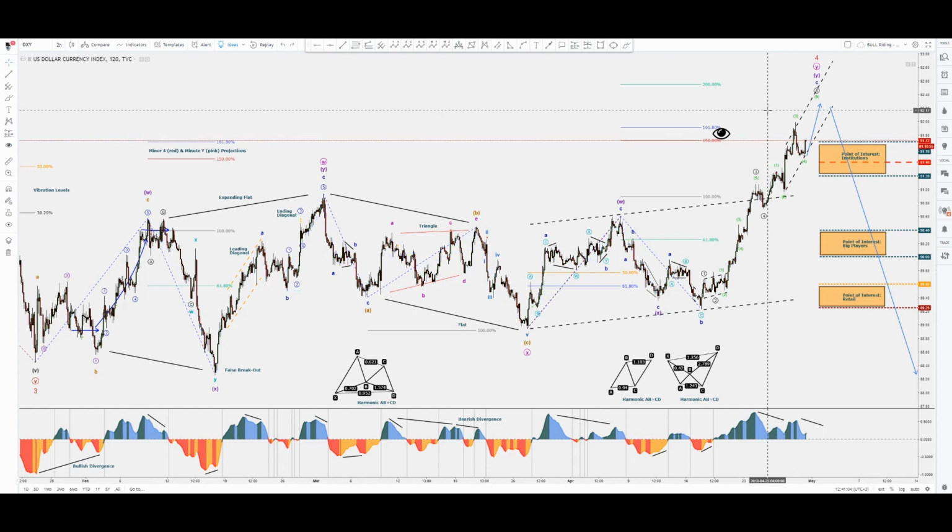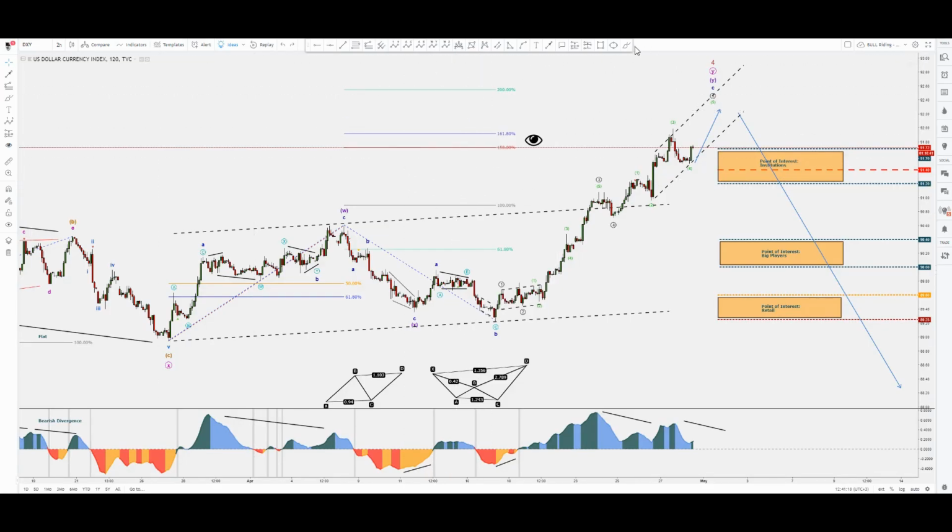Now, what's happening right here? In my personal opinion, I believe we could possibly have a bearish divergence here on the dollar index, leaving me with only the last leg on the upside. So I'm gonna zoom in even more.